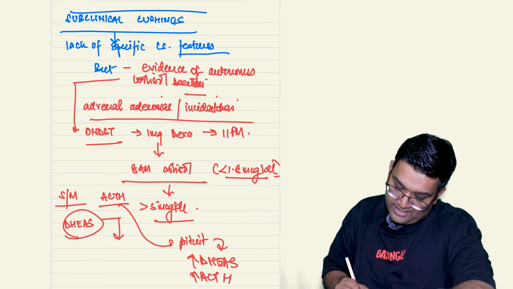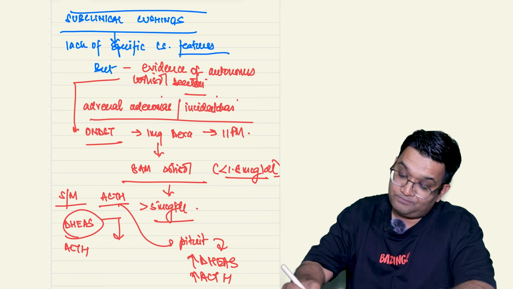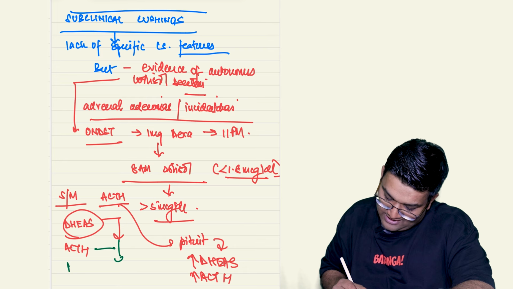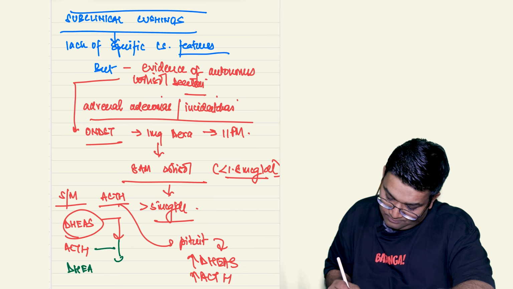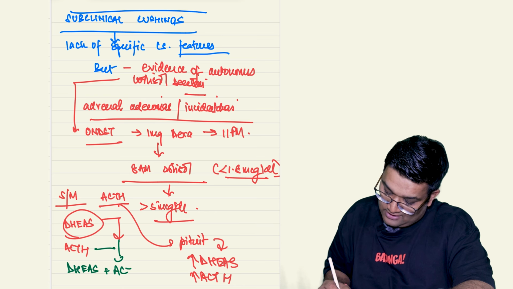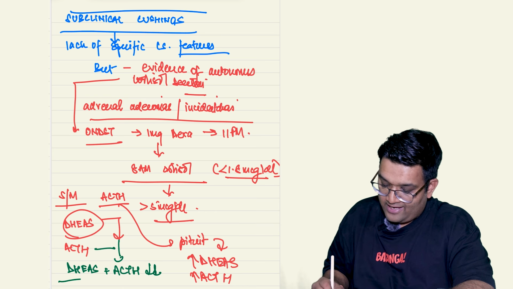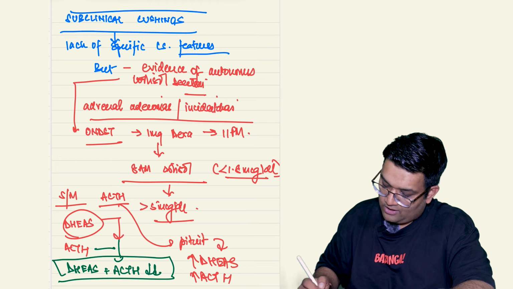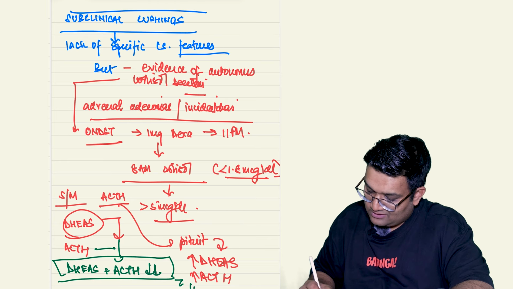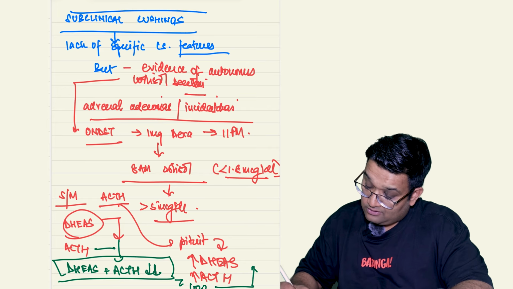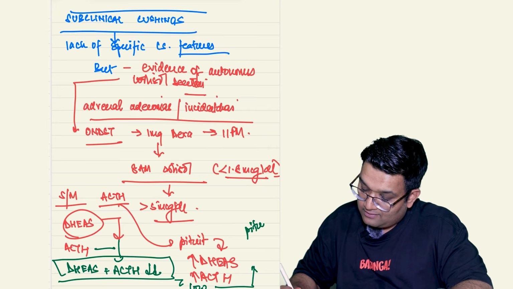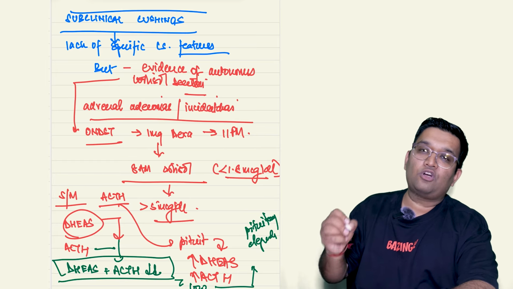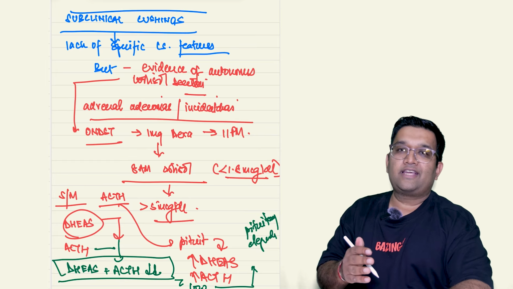But here if we do DHEAS and ACTH, both DHEAS plus ACTH are going to come low. Why? Because this is not pituitary dependent. Pituitary is not causing this cortisol secretion.